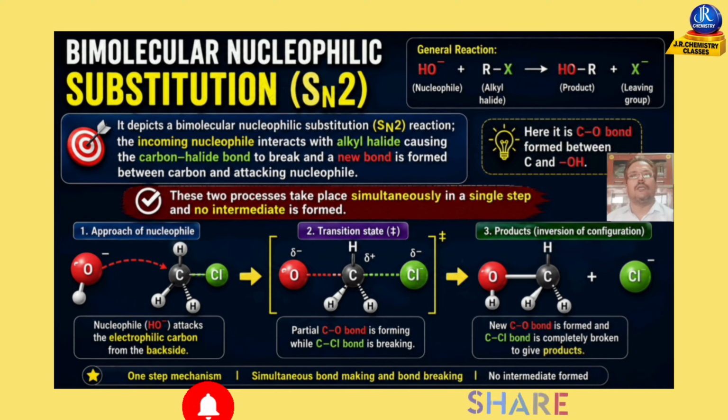Here it is a C single bond O bond formed between carbon and hydroxide ion. These two processes take place simultaneously in a single step, and no intermediate is formed.